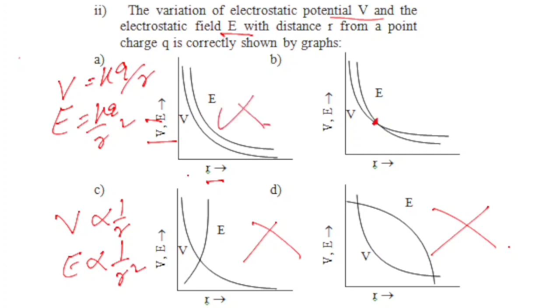Also, V is proportional to 1 by R, it means it decreases with 1 by R, and E decreases with 1 by R square. It means E decreases rapidly as compared to V. So this E decreases rapidly, like this one, as compared to V. V also decreases but a little bit less than E. So this option is correct. Option number B is correct.